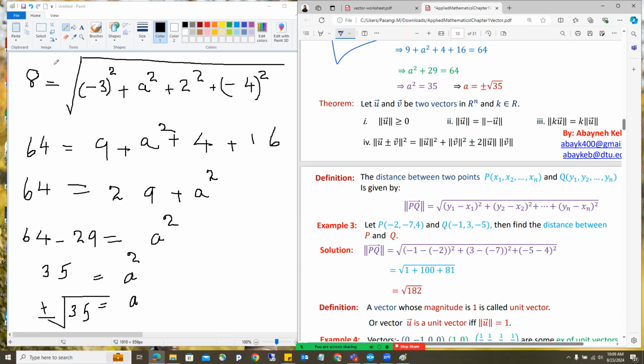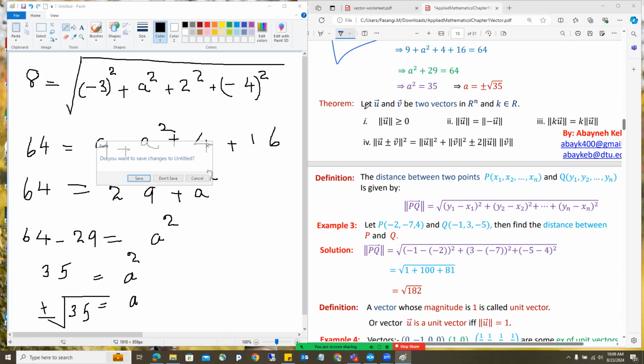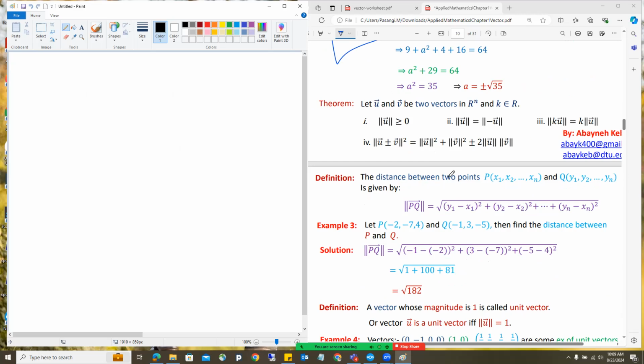Now we are learning the theorem. So the new theorem says, let u and v be two vectors. So we have two vectors, vector u as well as vector v.